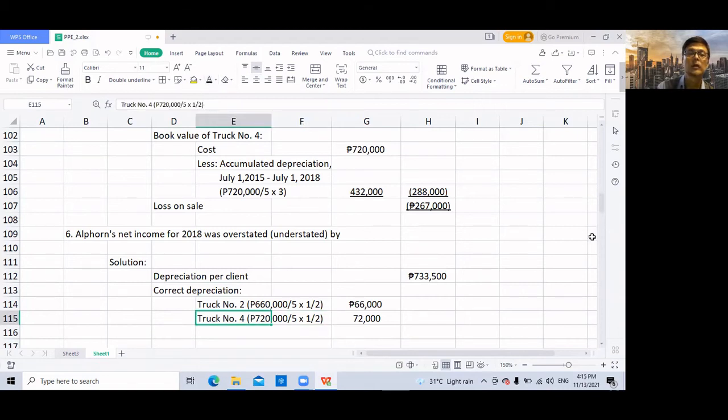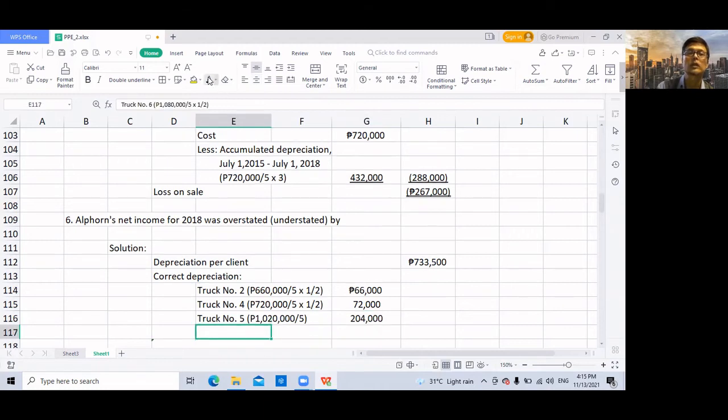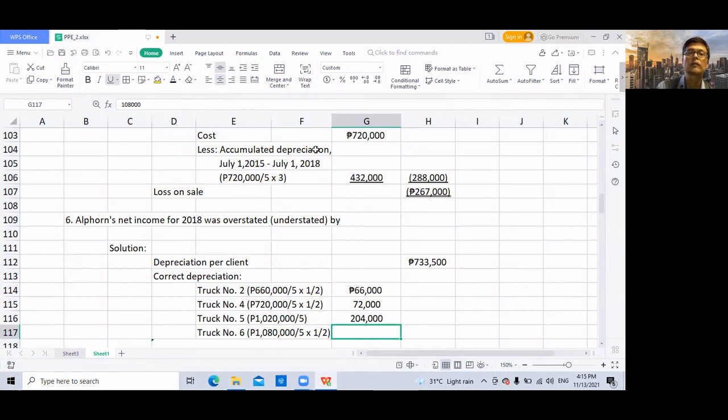And then truck number 5, so full year depreciation siya, so that is 204,000. And truck number 6, divided by 5 times 1/2, so this is 108,000.